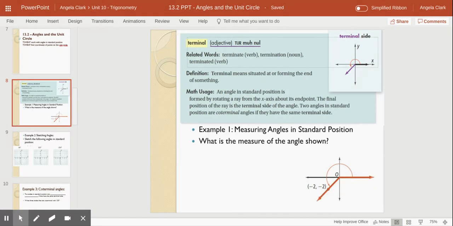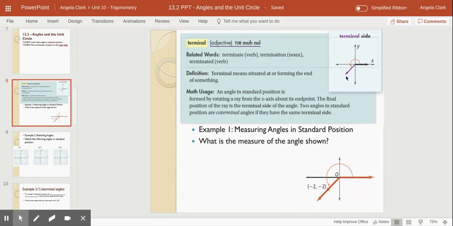So first of all, I want to talk about how we define some angles. We always measure the angles off of the positive x-axis, so this side here. And if the angle is positive, then we go counterclockwise to the terminal side. Terminal meaning where it stops, right? If something terminates, it stops.